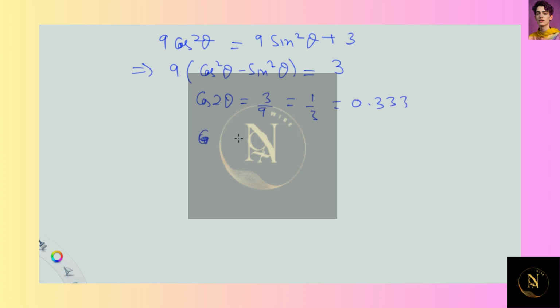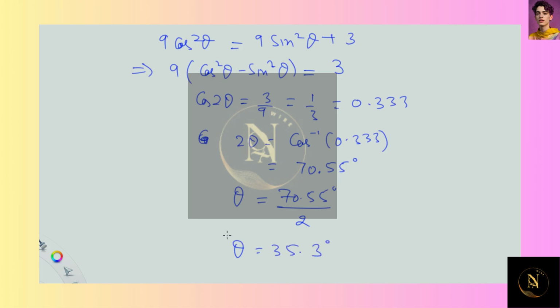So this angle 2 theta will come out to be cos inverse 0.333, which if we calculate, comes out to be 70.55 degrees. So finally this angle theta is 70.55 degrees divided by 2, or the angle comes out to be 35.3 degrees. And this is one of the answers of the given problem.